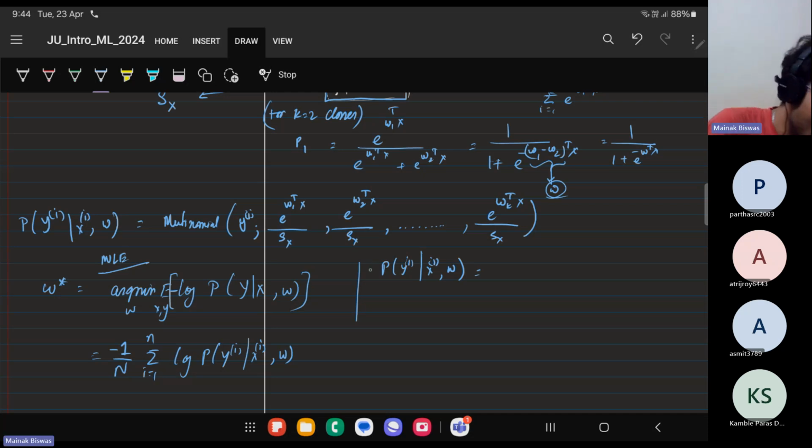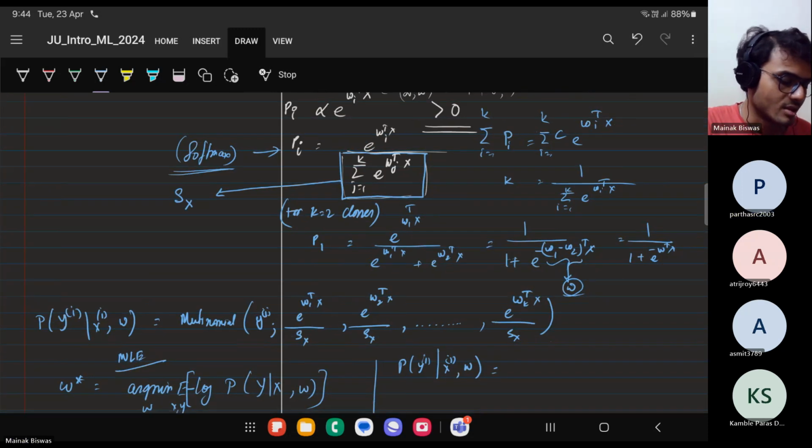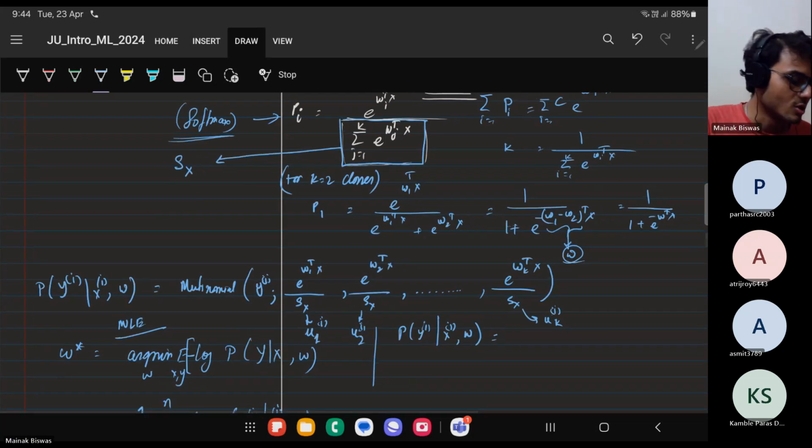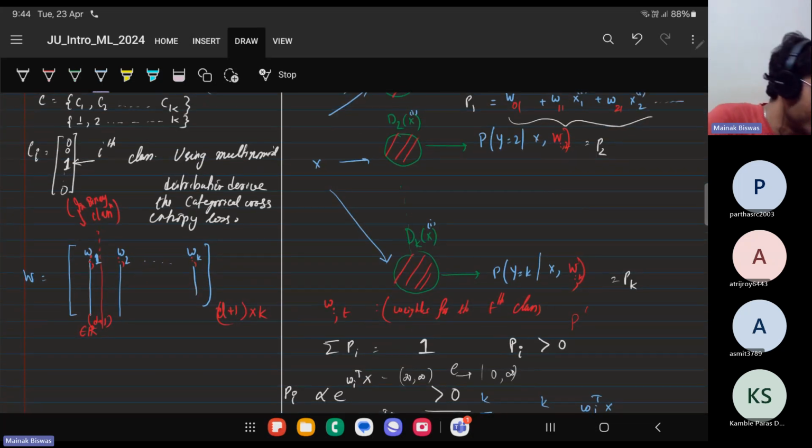Tell me, what is this? I already know that distribution form. How can I write this as multinomial? So let us write this as mu i1, mu i2, mu ik. The training data has to be arranged accordingly. I will say a data belongs to the ith class if the ith value is 1 and the rest are all zeros. This is my yi. It's a vector and not a number.